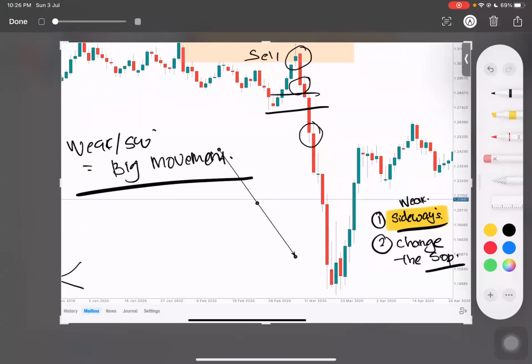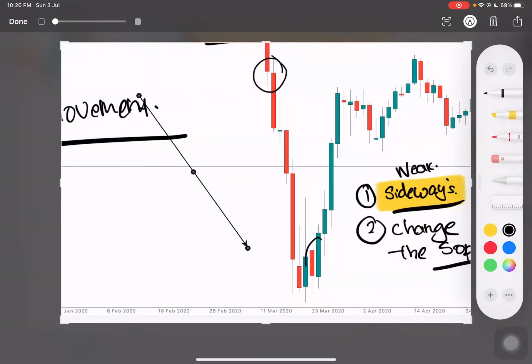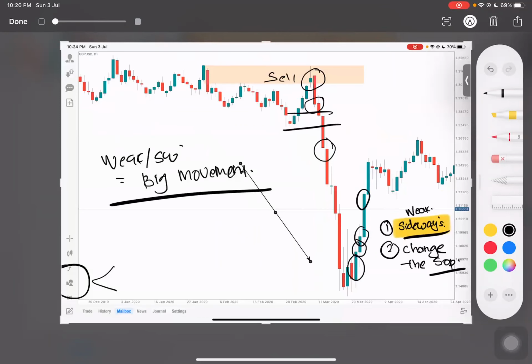But from here, whenever price starts to go sideways, it starts to change the movement: engulfing buy, dominant buy, engulfing buy, dominant buy, and everything. See, engulfing fail buy. So whenever price changes like this, changes the SOP and goes sideways, that's the time for you to take your profit, to exit your position and to secure everything.